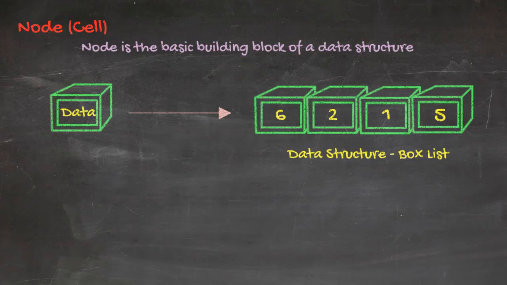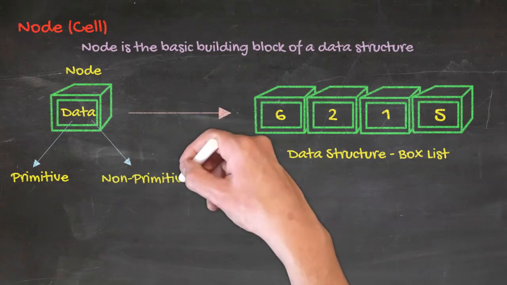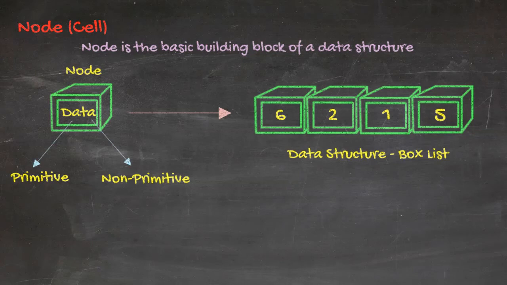So we can say this box is a node of our box list data structure. In our previous example, these boxes contain integers. That means primitive data types. But nodes can contain non-primitive data types as well. In computer science, using these kinds of nodes, we build many data structures to organize data.